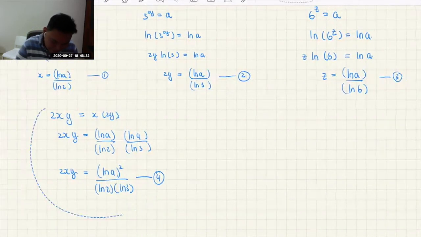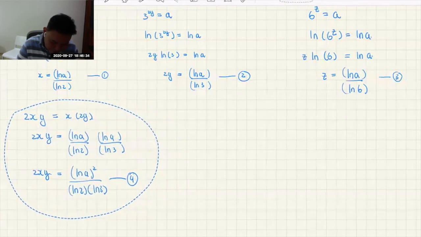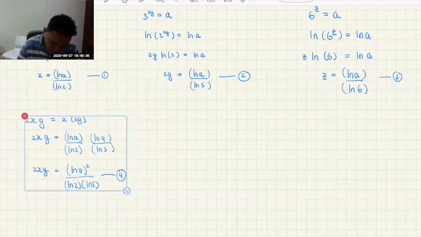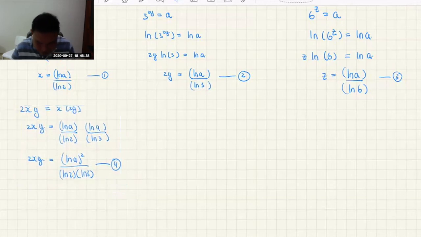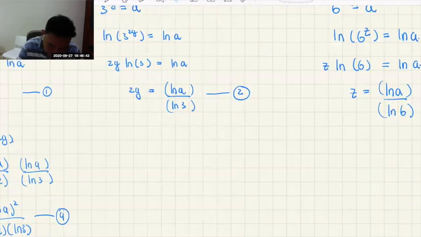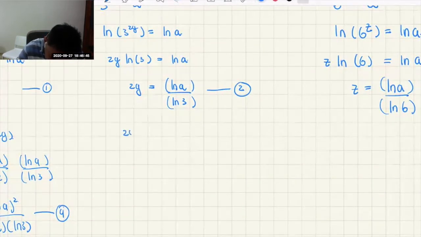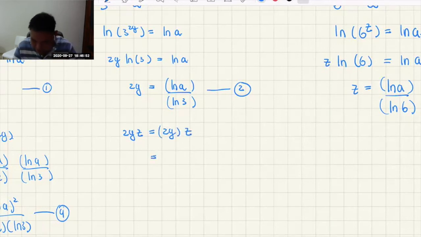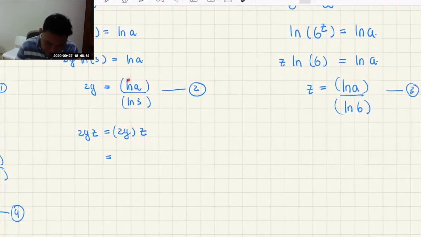We do the same thing for 2yz. 2yz equals 2y multiplied by z. 2y you substitute with ln a over ln 3, and z is ln a over ln 6.